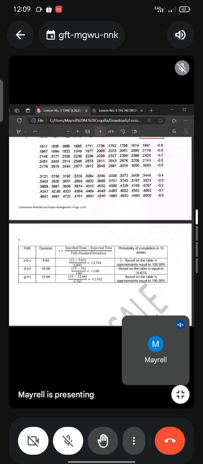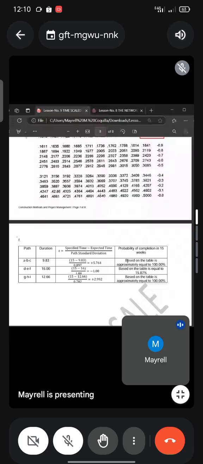The path ABC and GHI nga dili critical path, they have a probability nga mahuman na siya in 15 weeks. And the DEF, which is a critical path, so ang iyang probability nga mahuman siya in 15 weeks is 15.87%. So it's lesser, no?